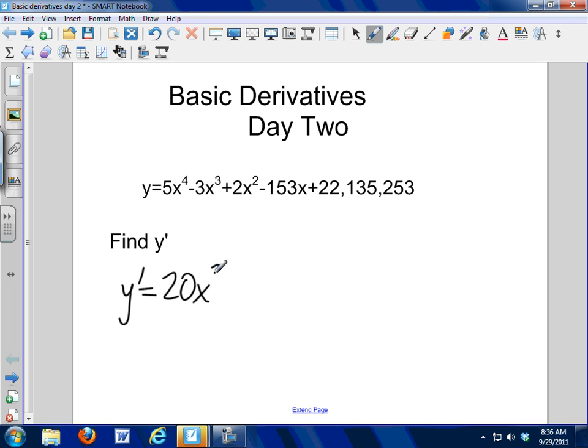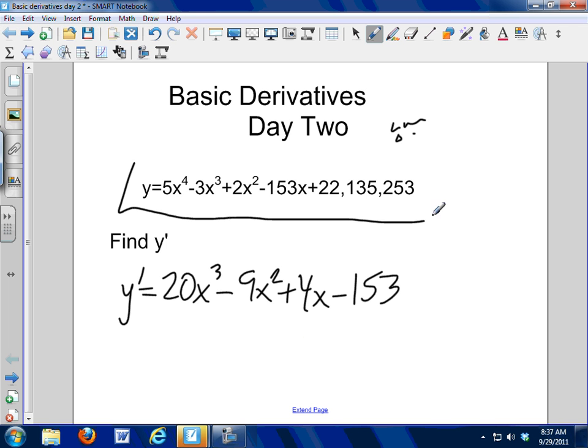It's 20x cubed minus 9x squared plus 4x minus 153, and then we're done, and the person's still just writing down the limit as delta x, and then hilarity ensues, and we let that person in on the big joke. And so there you are, basic derivatives, day two, done.